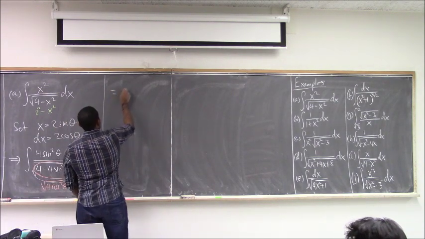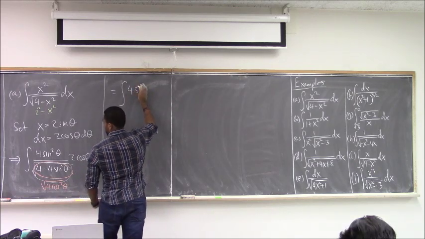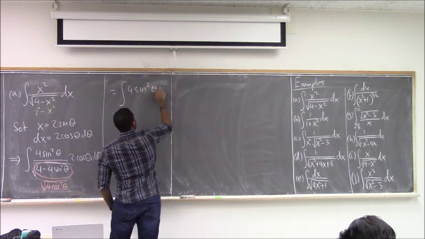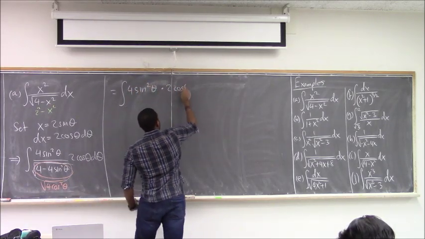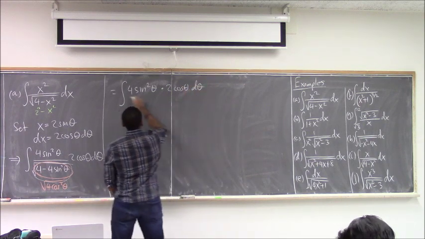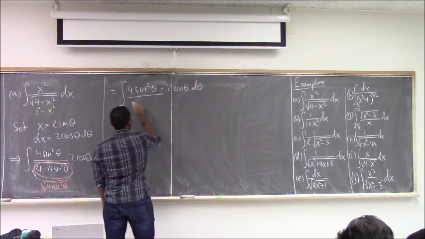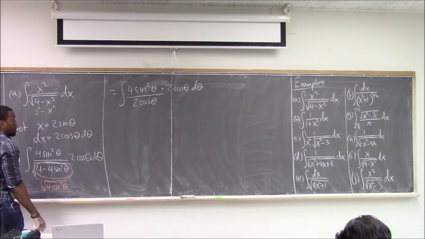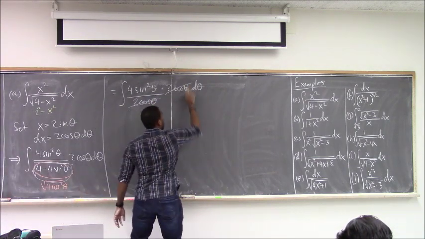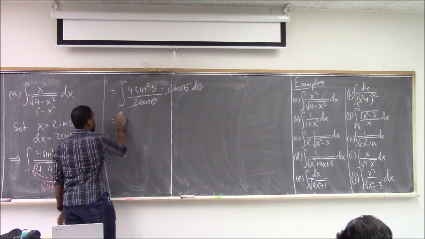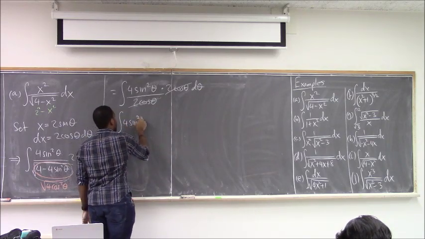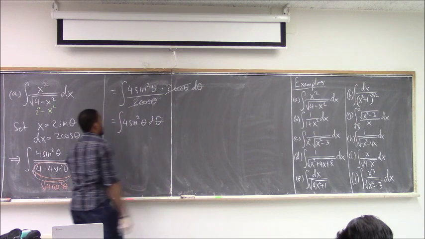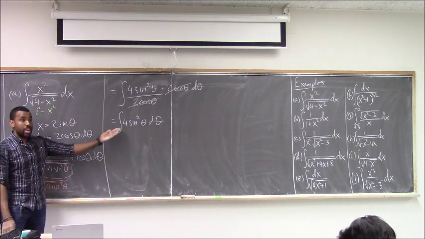So I have 4 sine squared times 2 cosine theta over 2 cosine theta. This cancels that. So now this integral reduces to that trig integral.